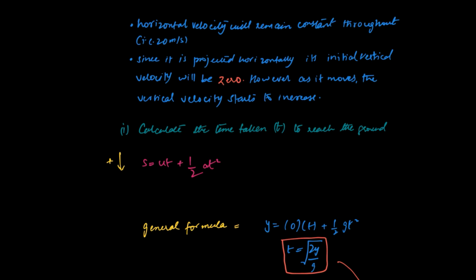And the best formula in this case would be s equals ut plus 1/2 at squared, because we know the initial velocity, we know the displacement, and we know the acceleration due to gravity, so we just have to put in the values. Displacement is 18 meters, because we learned from the previous video that we could separately apply the equations of motion to the vertical and horizontal components and use the same time as we did in the previous question.